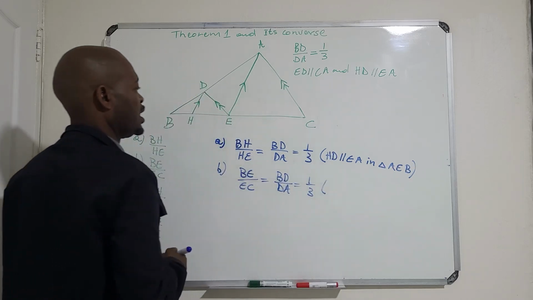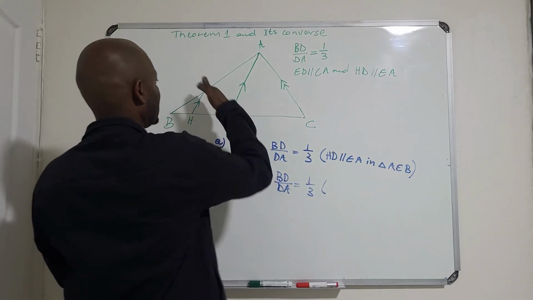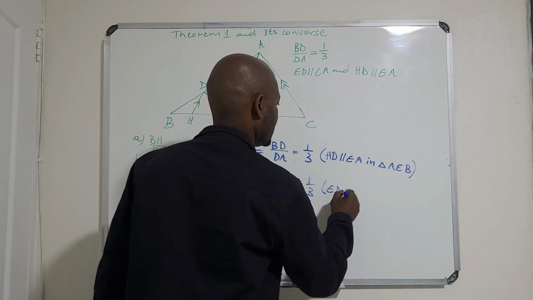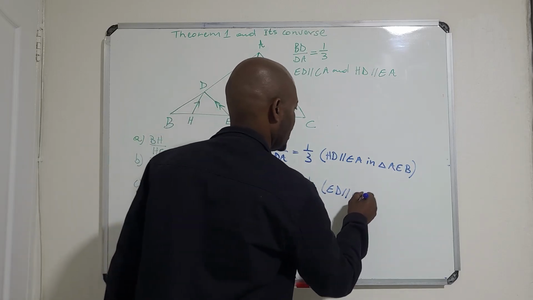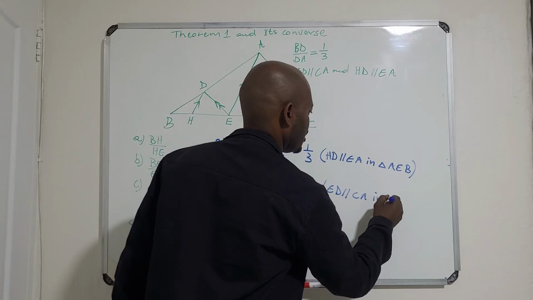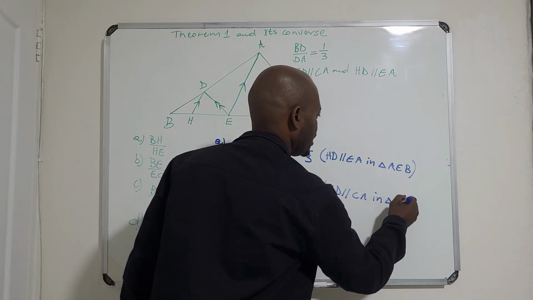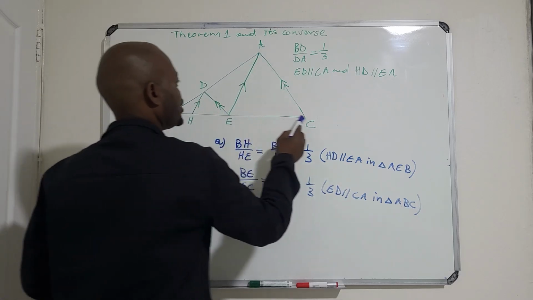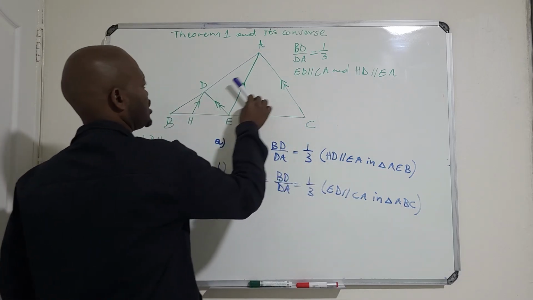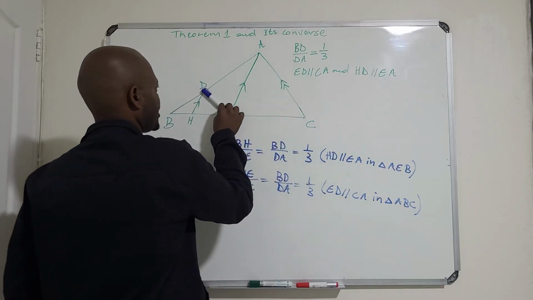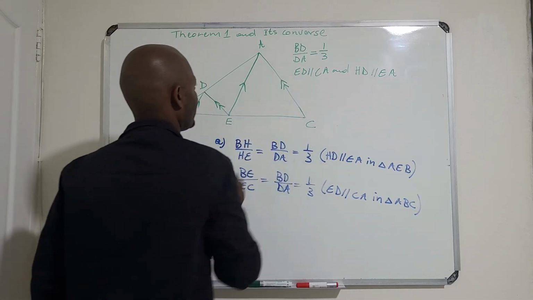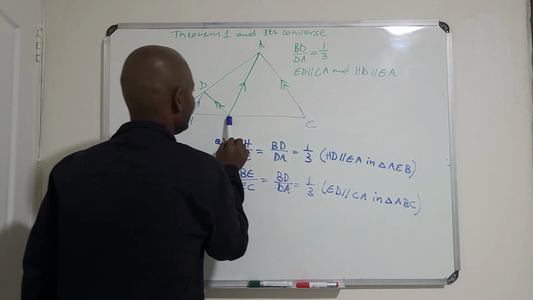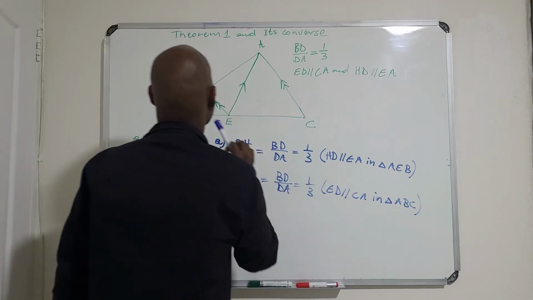Why is it that? It is because ED is parallel to CA in triangle ABC. Therefore, in triangle ABC, this side is drawn parallel to one side of a triangle. It will divide the other two sides in the same ratio.